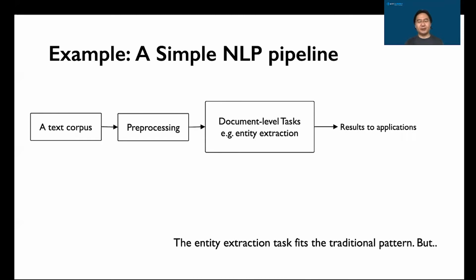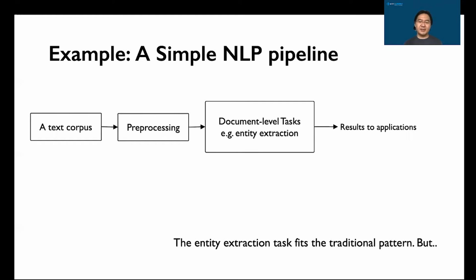So a naive setting will be, you can feed in the text corpus, and there will be some pre-processing, cleaning, and for example, segmentation and stemming, and some standard procedures on the text, and then you have that entity extraction model, and it applies on your clean text, and it gives you the result of the entities. So then you can just save that result, and the result can be ready to use for the application.